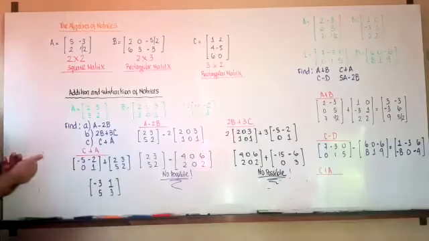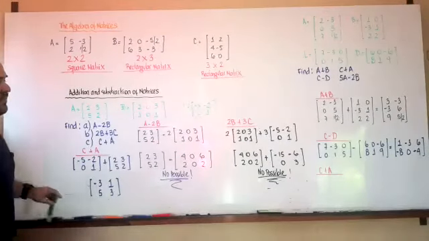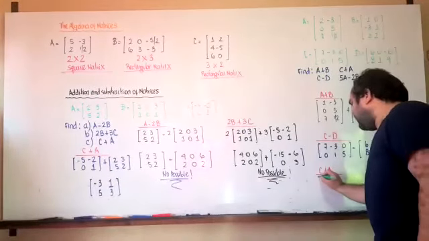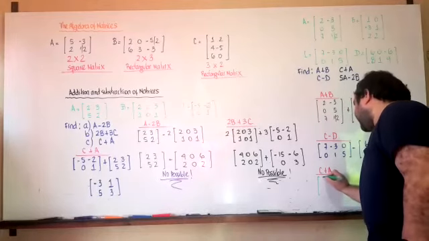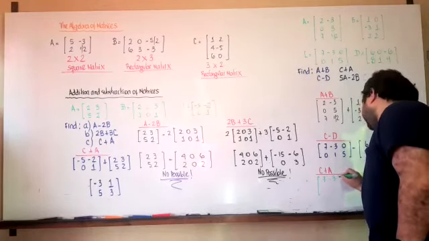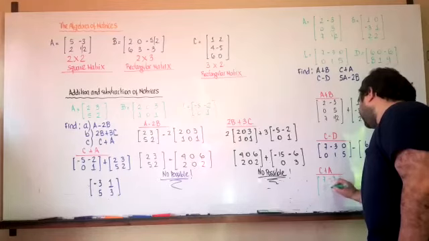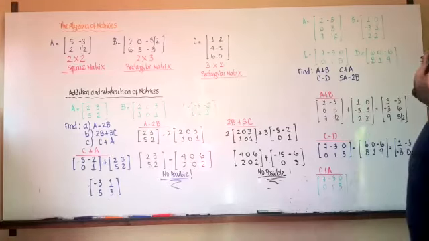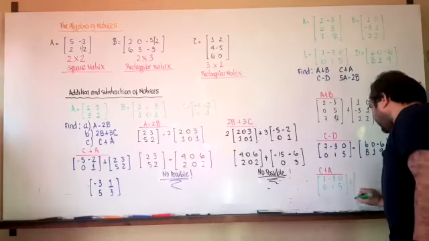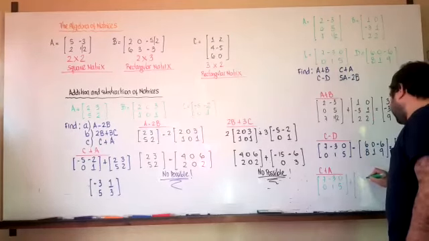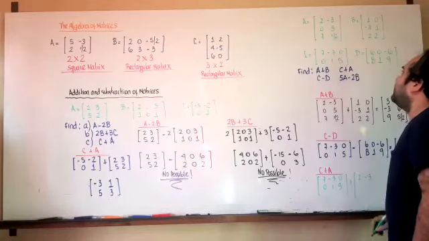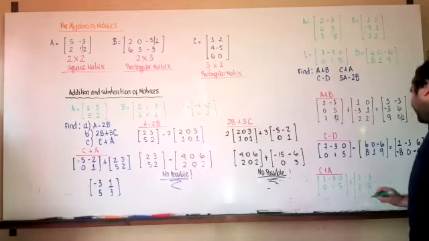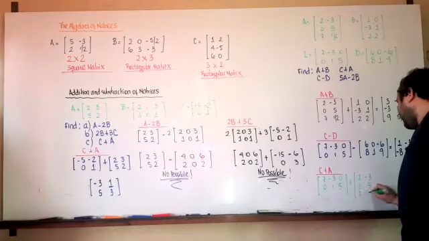Matrix C is 7, minus 3, 0, 0, 1, 5, plus matrix A, which is 2, minus 3, 0, 5, 7, 1/2.